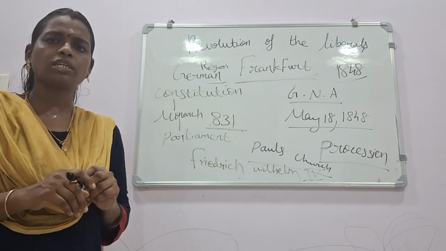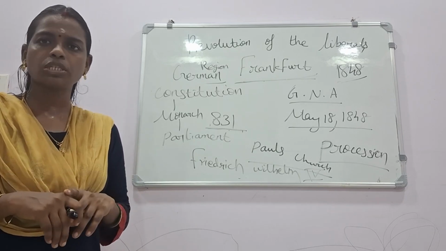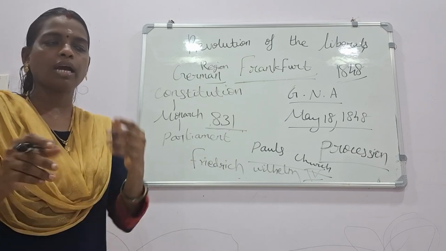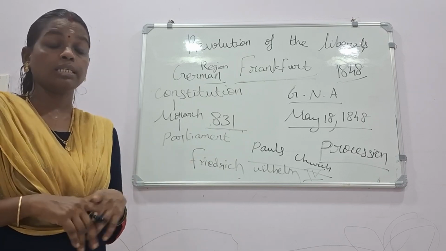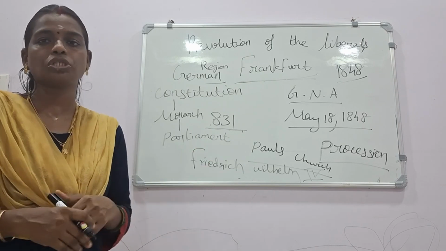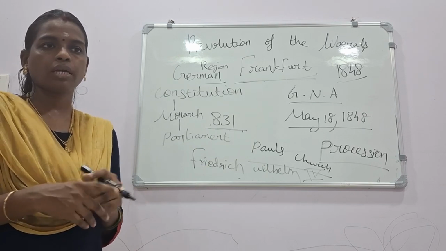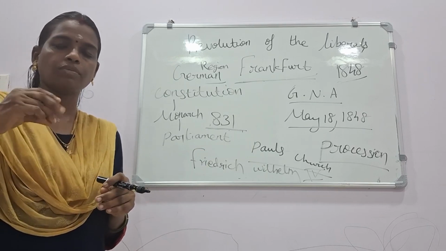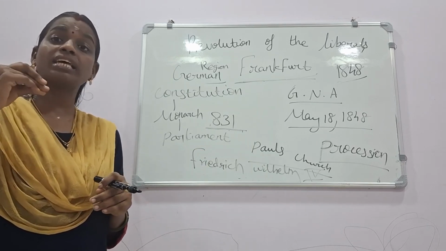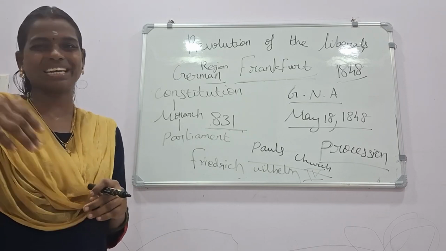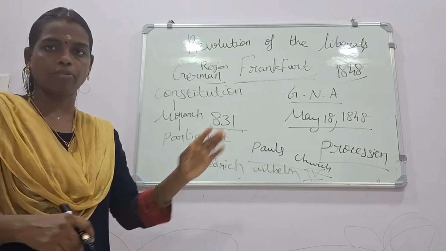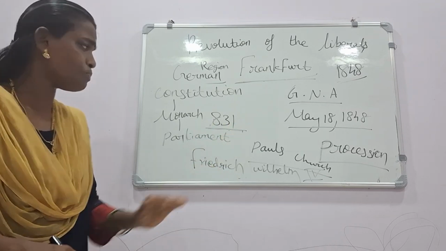I want to ask one question to you all. Do we have a constitution in India? Yes, obviously. We have a constitution in India. It's the lengthiest written constitution of the world. It's a model for many countries' constitutions. We didn't make a constitution within a day. We took more than a year to frame a constitution. That's a second thing. Getting back to the point of this German National Assembly.